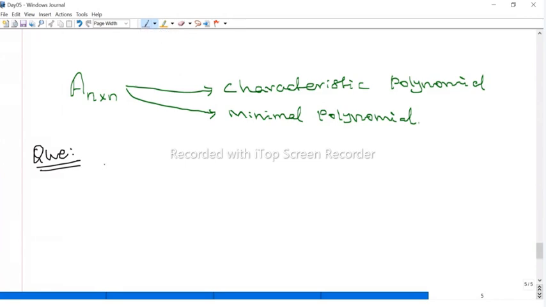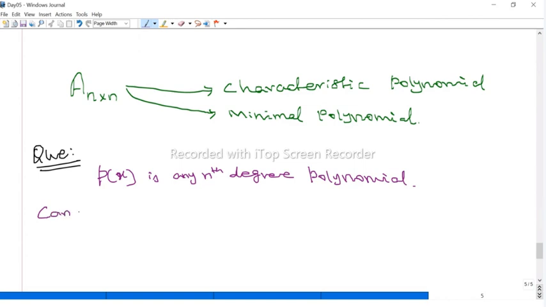Question: can you find an n by n matrix A whose characteristic polynomial is this given p?